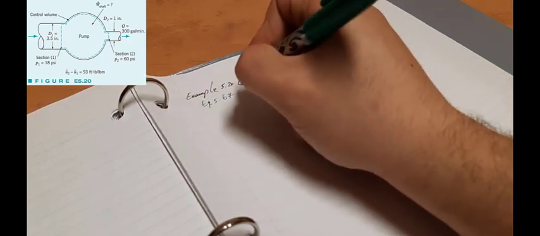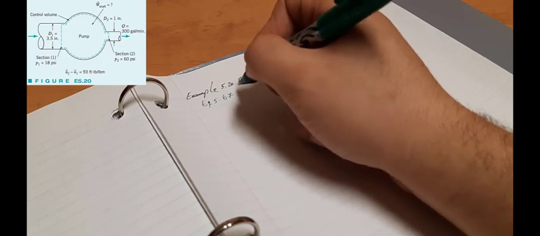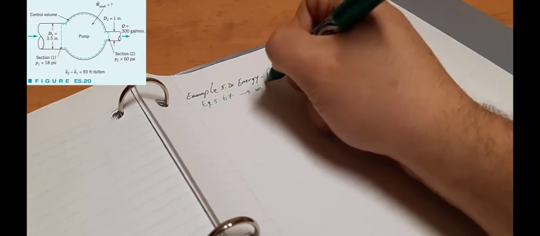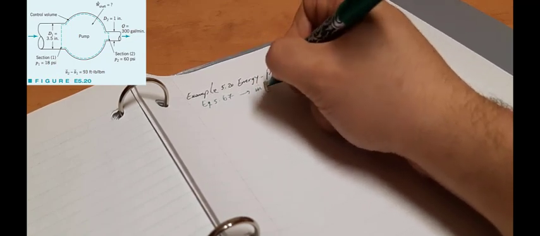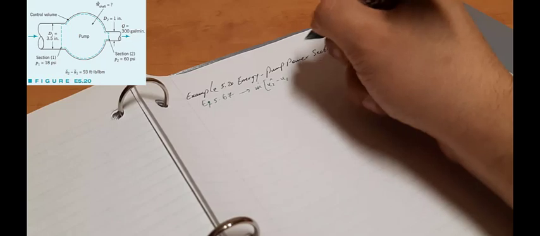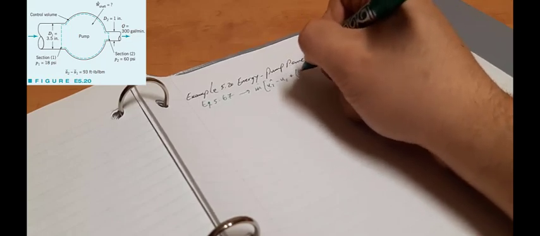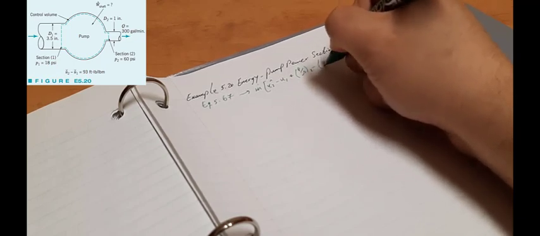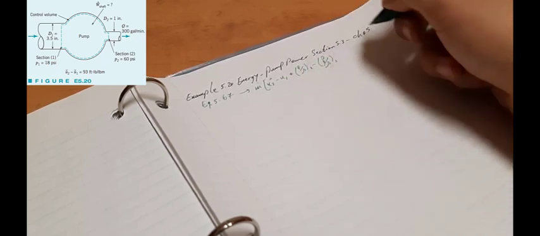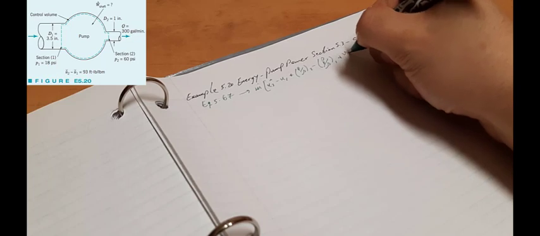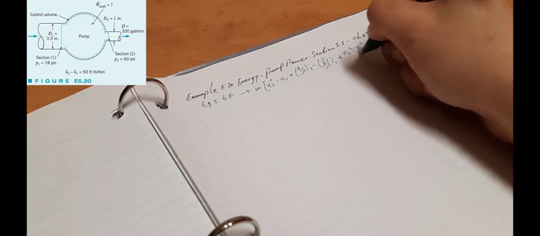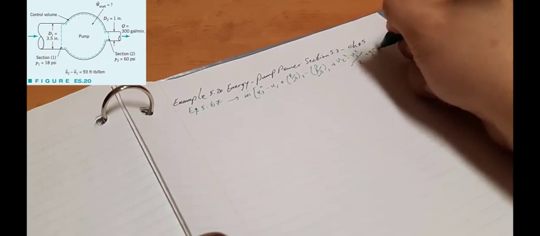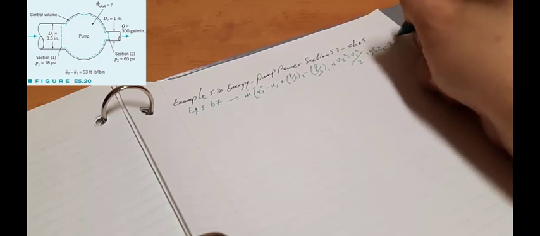5.67, which is going to be at the time average basis yield m dot multiplied by u2 minus u1 plus P over rho in section 2 minus P over rho at section 1 plus V2 to power 2 minus V1 to power 2 over 2 plus gZ2 minus gZ1.